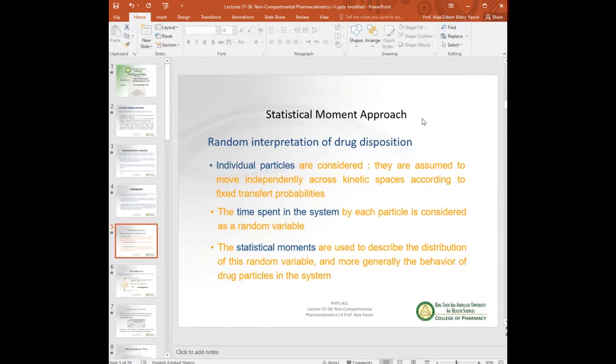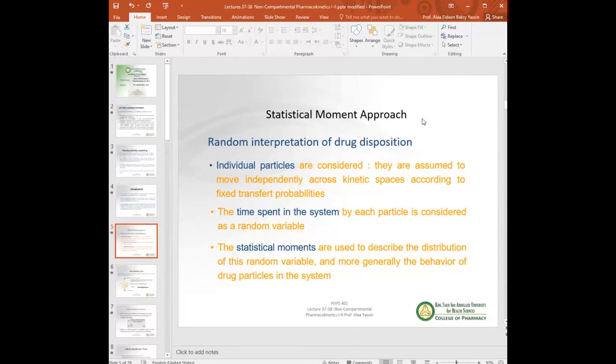And we can reach a new parameter that depends on the observation of the mean residence time of a drug after administration inside the body, depending on the data that we can get from accessible pools like blood.